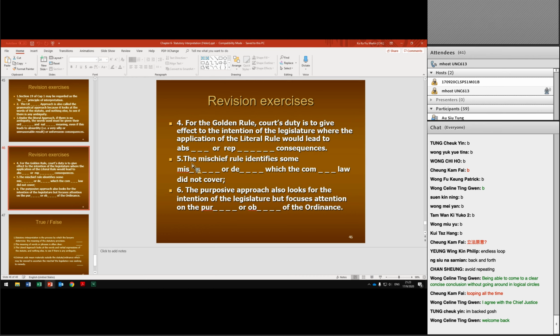Number 5, the mischief rule identifies some mischief or defect which the common law did not cover. Don't think, as so many students misunderstand, that it's because the common law has mischief. It's not because the common law has mischief, just because some mischief is not covered by the common law.